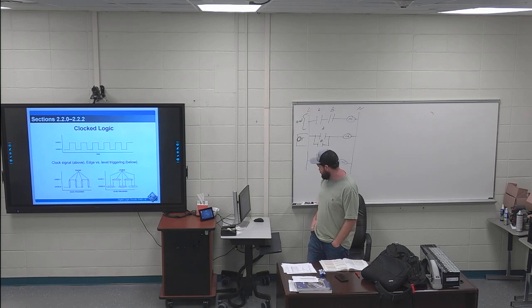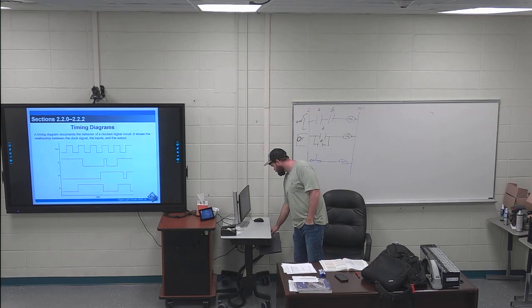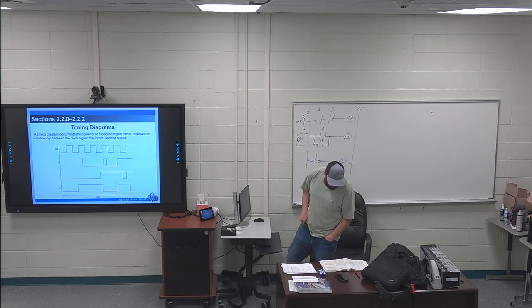Timing diagrams, 222. The whole first paragraph and first sentence of the second paragraph are my highlight. Truth tables work very well for describing behavior of many digital circuits. However, they don't work well for clock logic since they cannot indicate the circuit's behavior over a period of time.